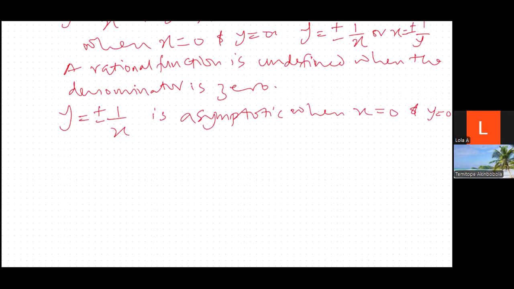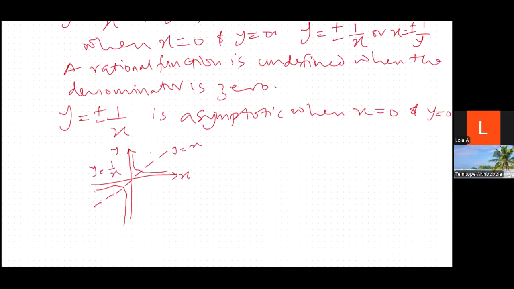So that now suggests that the graph will look like this. Then the line of symmetry will be here. So this is the line of symmetry, y equals x. Then the graph is y equals 1 over x.